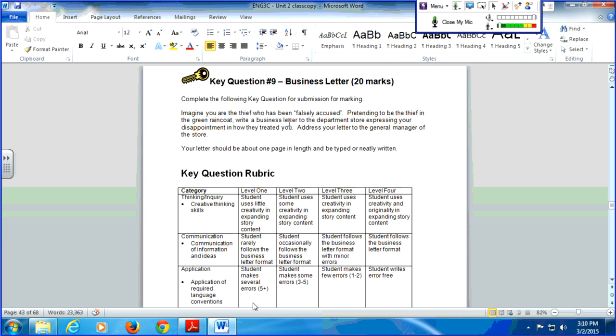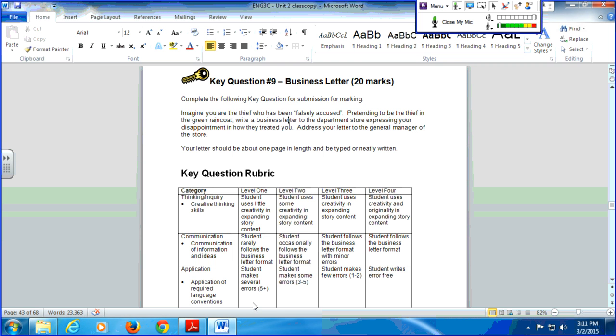This says, complete the following key question for submission for marking. So imagine that you are the thief who's been falsely accused. Even though you actually stole it, you were still accused of stealing it.